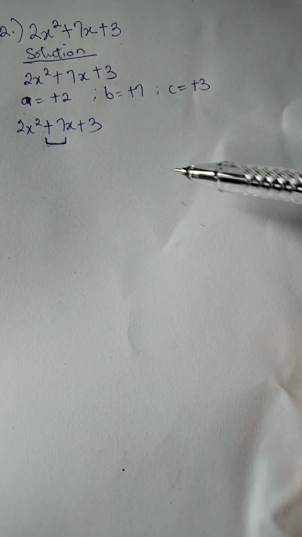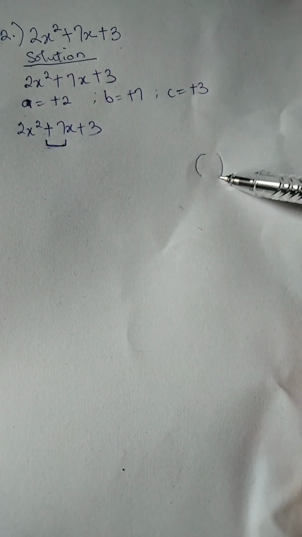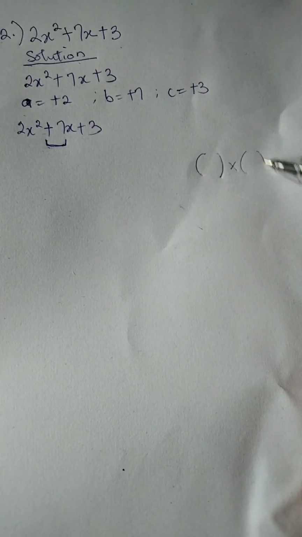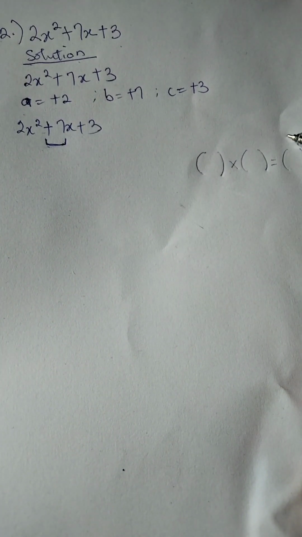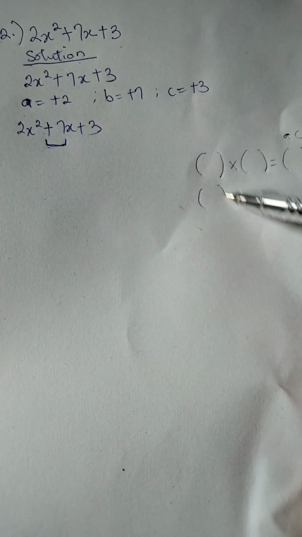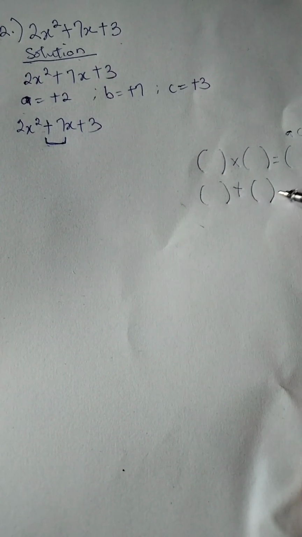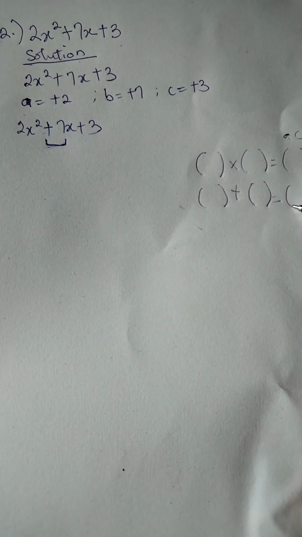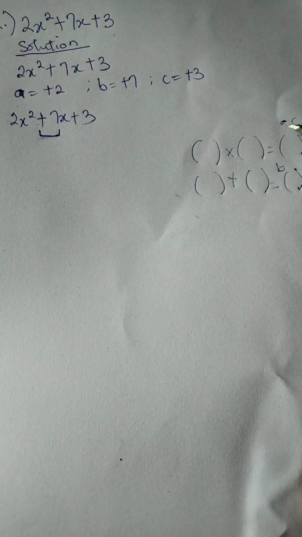Those two numbers should be such that when we multiply them, we get a number that gives us the product of AC, and when we add them, we get a number that gives us B. So what is AC?